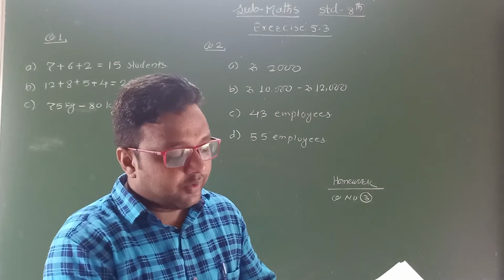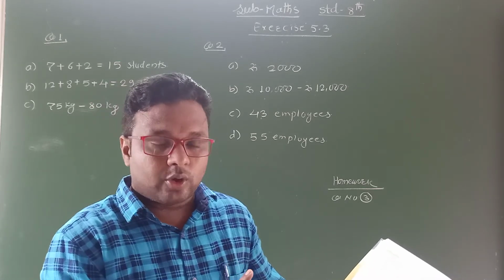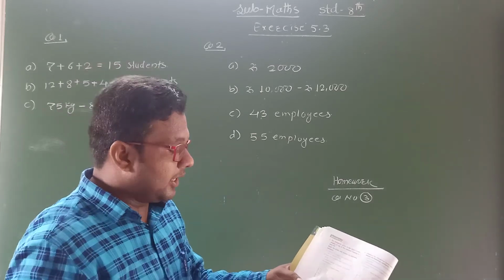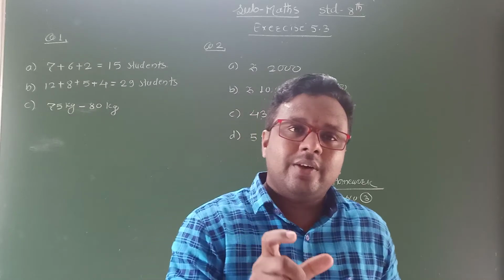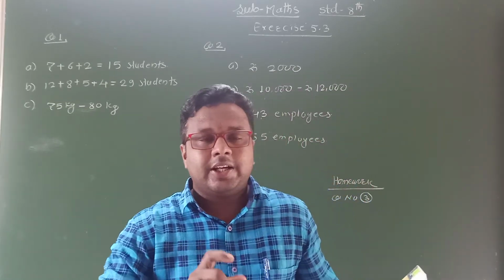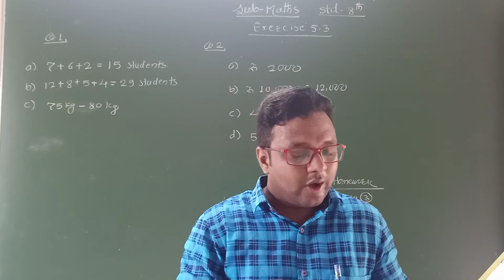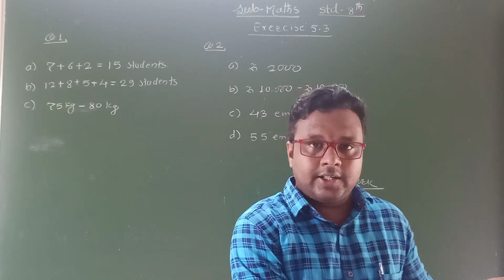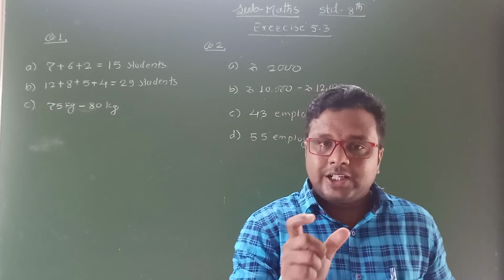Now we study this graph and find the answers to the given questions. An example is given: what is the class size? For the given class intervals, we take the difference between the upper class limit and the lower class limit. For example, 8 to 10, 10 to 12, 12 to 14, 14 to 16. What is the difference?